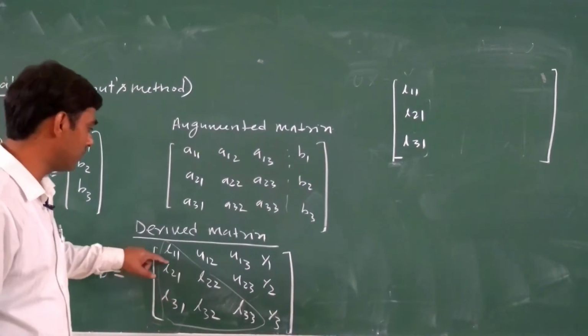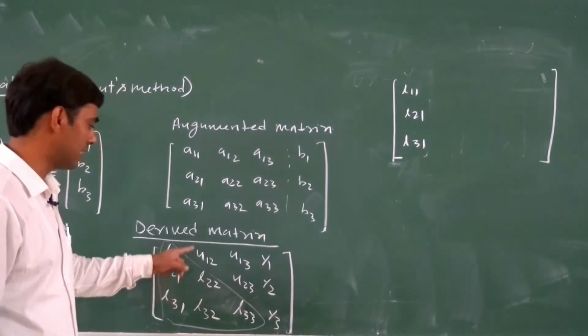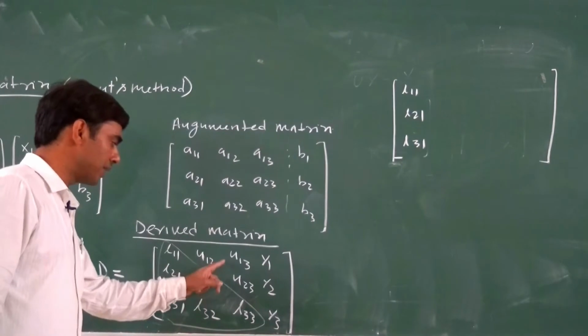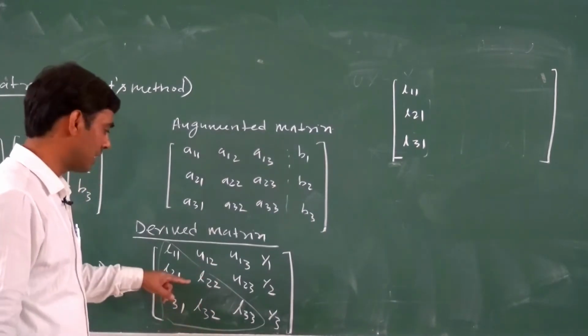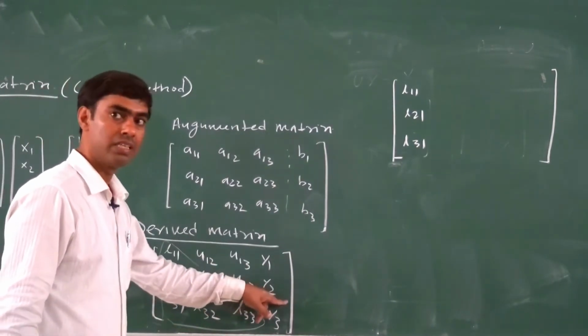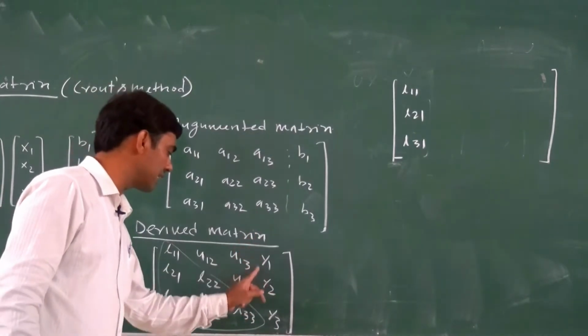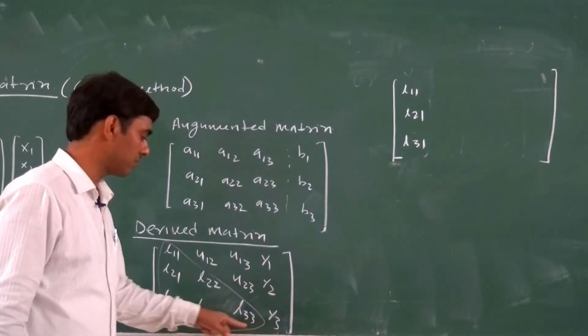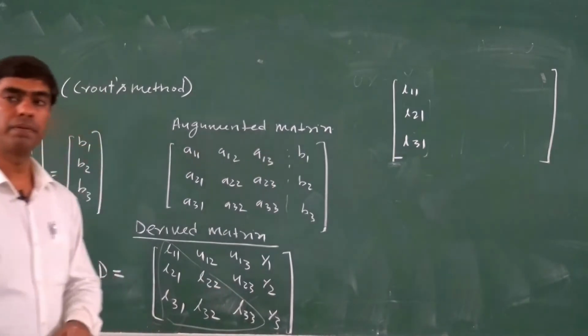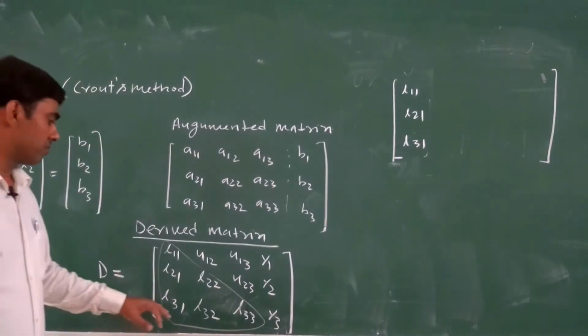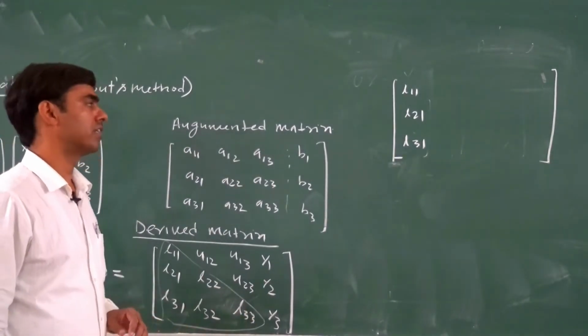Then we find the elements of the first row. Then the remaining elements of the second column. Then the remaining elements of the second row. Then the remaining elements of the third column. Then lastly the remaining element of the third row.